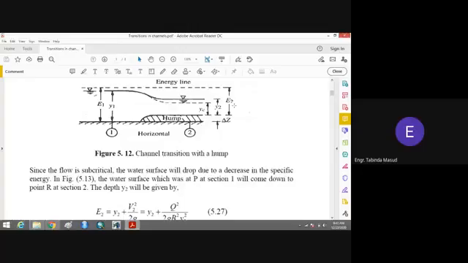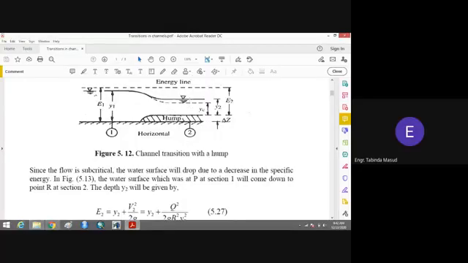We know that at the critical flow we have the minimum specific energy, and that's the point where we have the critical depth of the flow. Remember that this is section number 1.1 at the upstream side, where we have the depth of the flow y1 and energy E1, and this is over the hump.